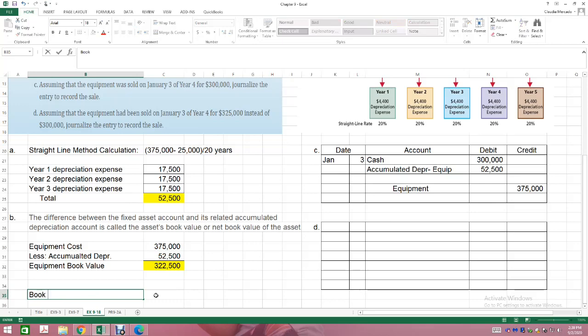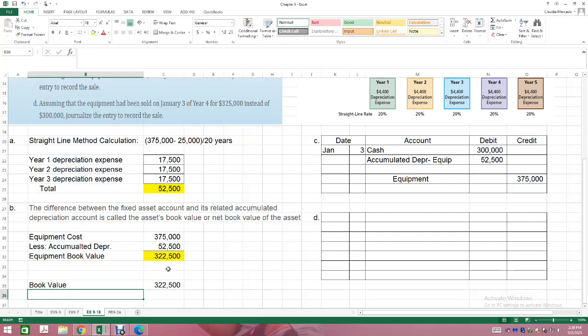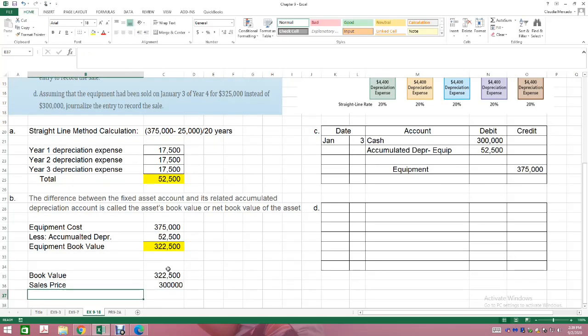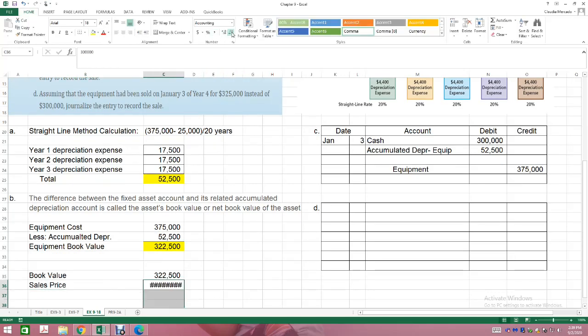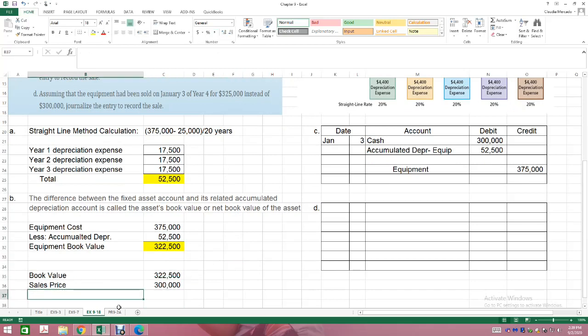My book value is $322,500. My sales price is $300,000. So did you sell it for more or less? I'm going to get my gain or loss.